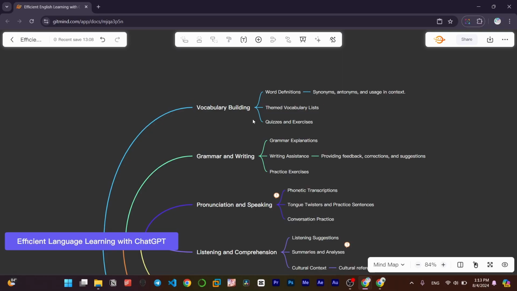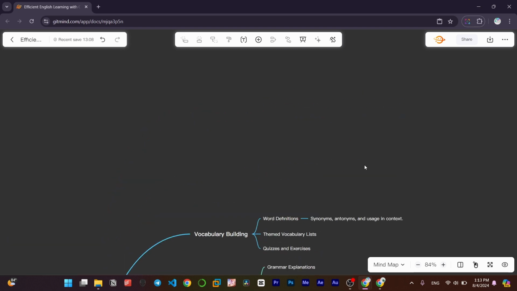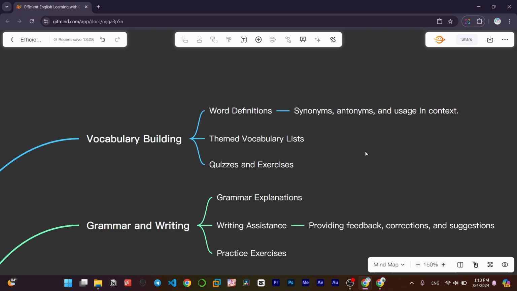Okay, guys, vocabulary building is the first section, and as you see, it has great capabilities.